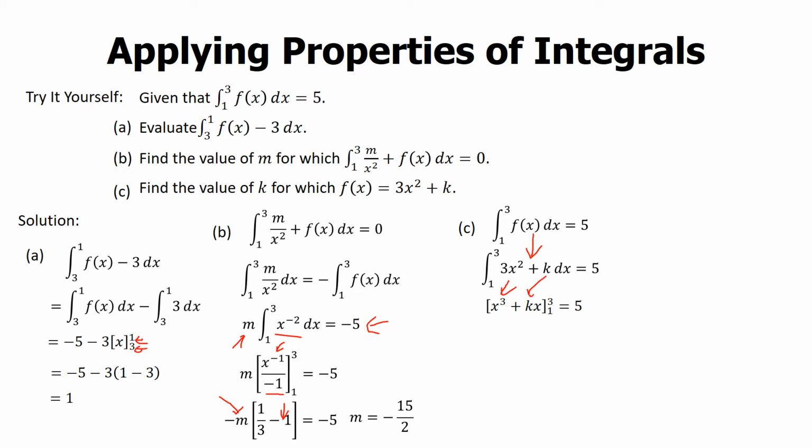Limits from 1 to 3 equals 5. Then substitute x equals 3, we get 3 cubed plus 3k, then minus substitute x equals 1, which gives us 1 plus k, equals 5. Then we solve this equation, we get 26 plus 2k equals 5. k is negative 21 over 2. This is the answer for C.